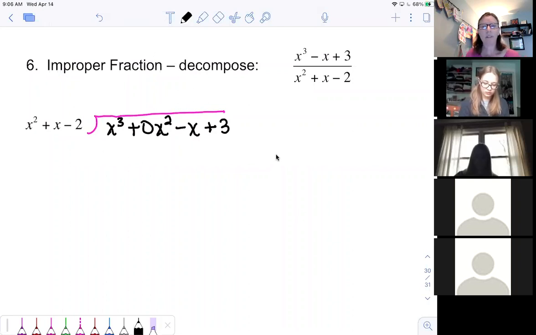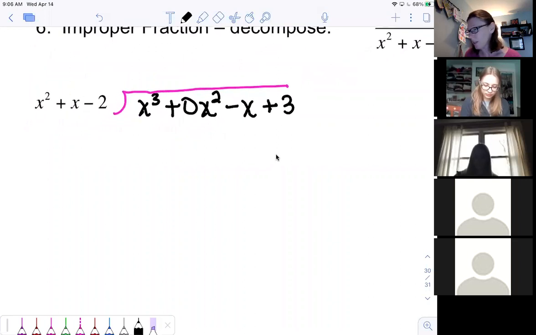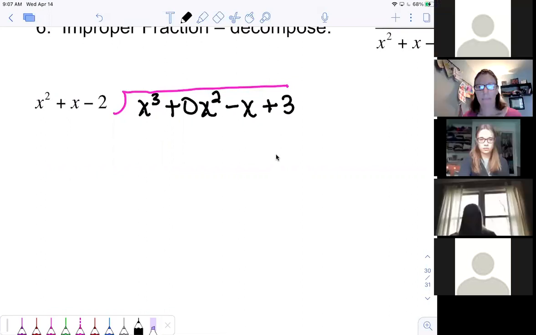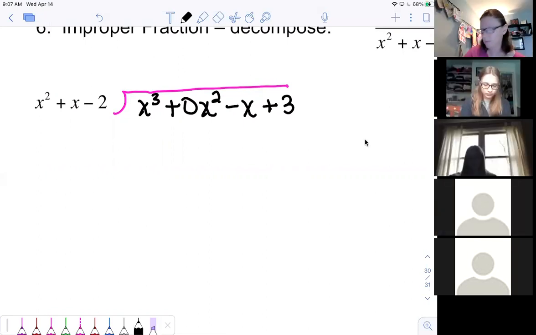Way back in chapter 2, we talked about polynomial long division. Does anybody remember how to do polynomial long division? Peter, what do you think? Wouldn't you take x squared and see what you have to multiply it by to get x cubed?